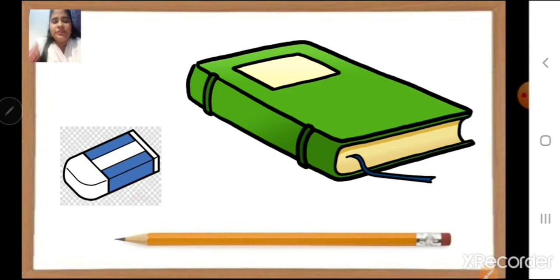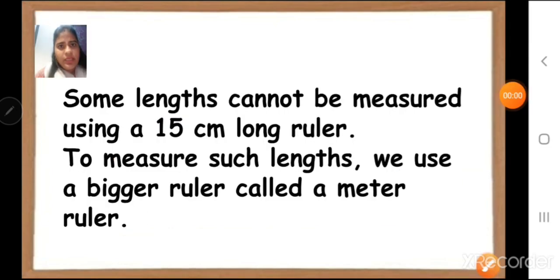For example, if I want to measure an eraser or a pencil or a notebook, I am going to use a ruler. But some lengths cannot be measured using a small ruler or a scale, correct? So for that we need a bigger ruler, which is called a meter ruler. So instead of the centimeter one, we will use a meter ruler, which is the big one.